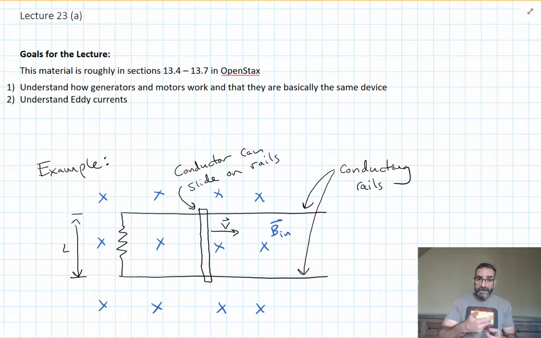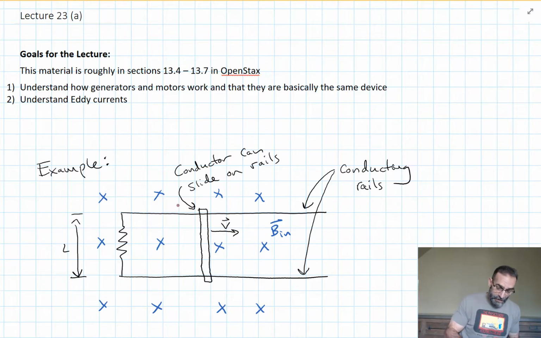It's going to try to subtract from the magnetic flux caused by this external magnetic field. And it's going to go counterclockwise, so its own magnetic field comes out of the page and subtracts from this because it's trying to oppose the change. If the magnetic flux is increasing, it tries to subtract from it. If the magnetic flux is decreasing, it tries to add to it.